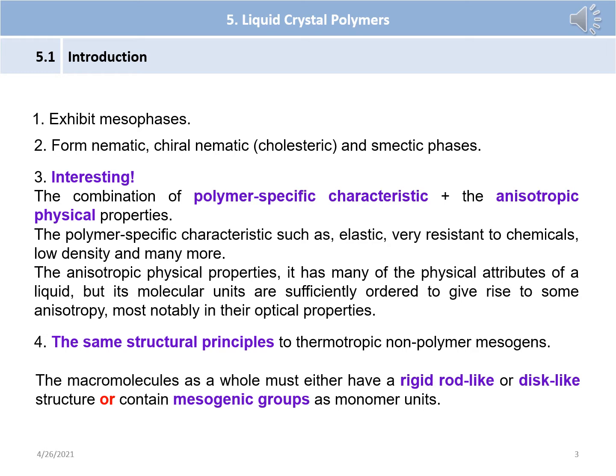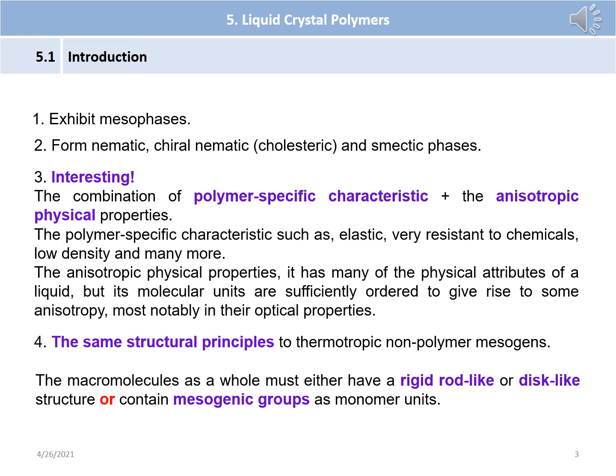The anisotropic physical properties: it has many of the physical attributes of a liquid, but its molecular units are sufficiently ordered to give rise to some anisotropy, most notably in their optical properties. The types of materials showing liquid crystalline behavior in polymer liquid crystals follow structural principles similar to the thermotropic non-polymeric mesogens.